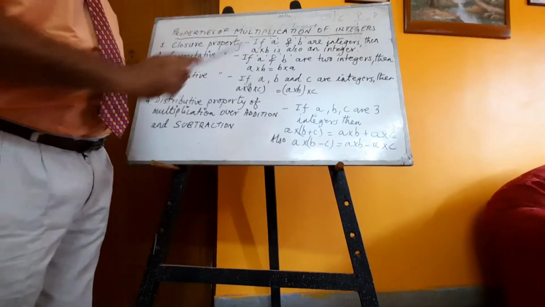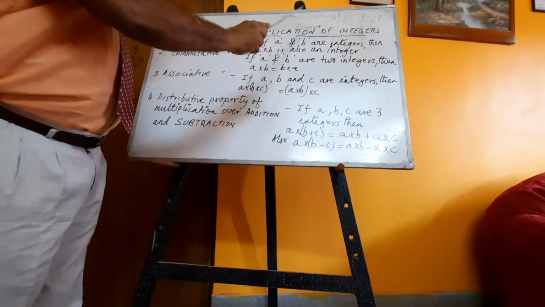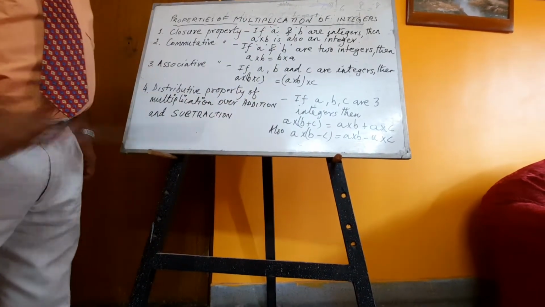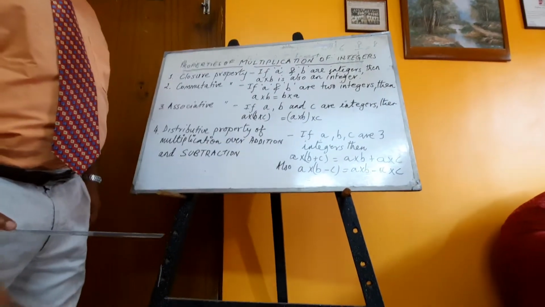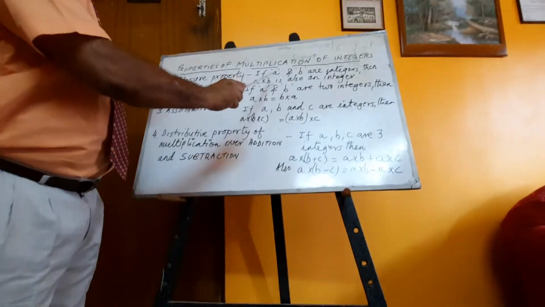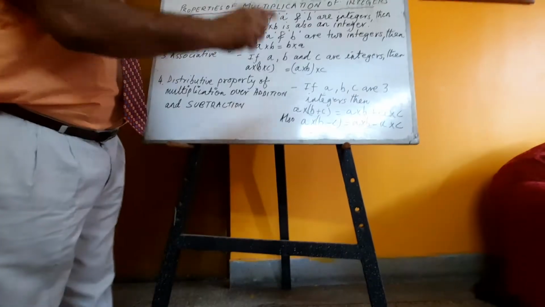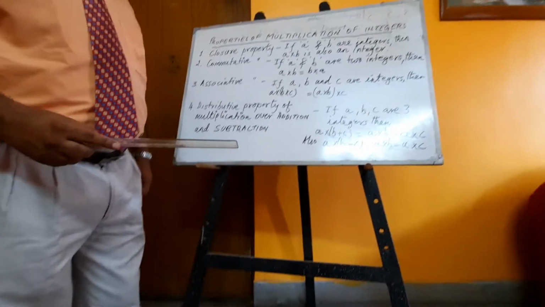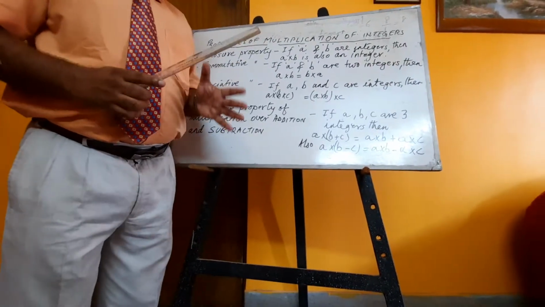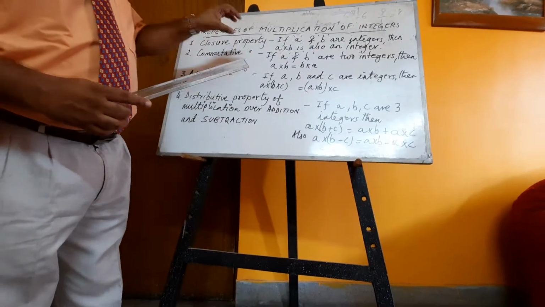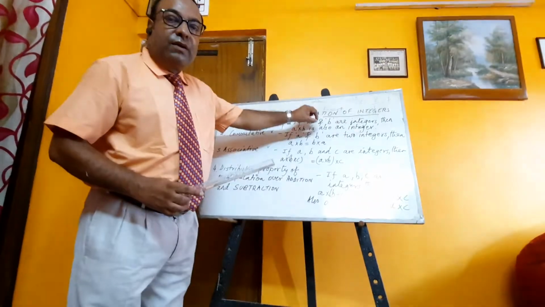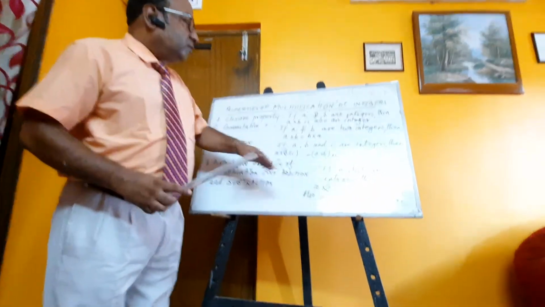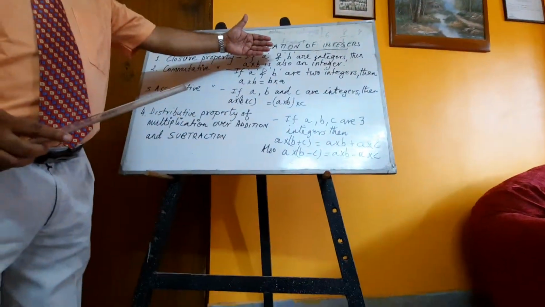Take for example 2 and 3. 2 and 3 are integers. Therefore, 2 multiplied by 3, which gives you 6, is also an integer. So, number 6 is also an integer by virtue of the closure property. For that matter, you can take any integers.